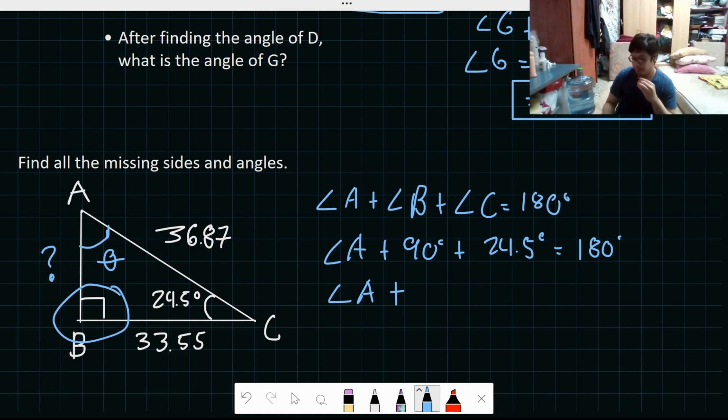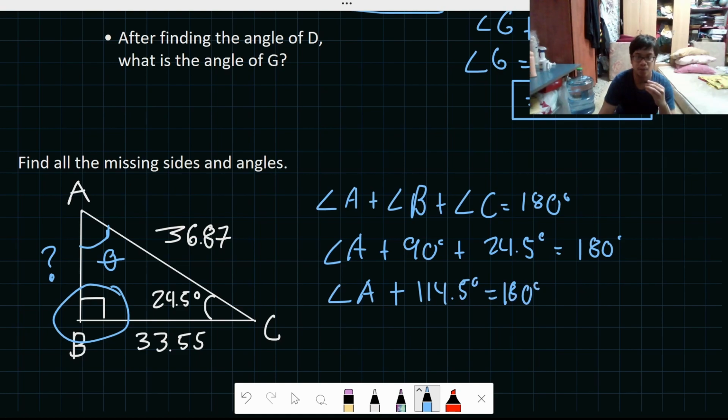So let us combine 90 and 24.5. We have 114.5. That's equal to 180 degrees.